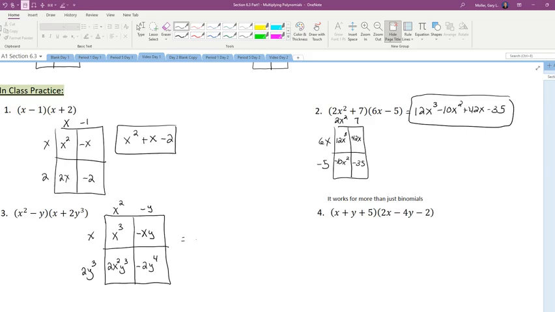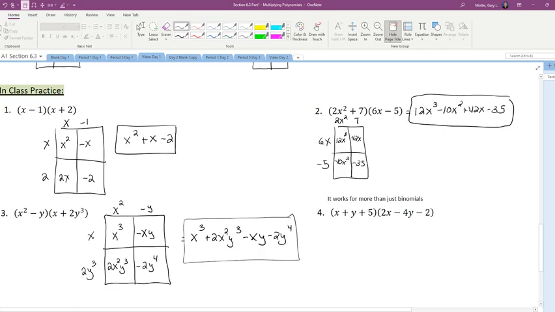Just let's make sure we get the multiplication right. So the biggest x involved would be the x cubed. The next biggest x would be plus 2x squared y cubed. The next biggest x is the negative xy, followed by the one that has no x's, negative 2y to the fourth. And again, if you put it in a different order, I'm not too worried about it.